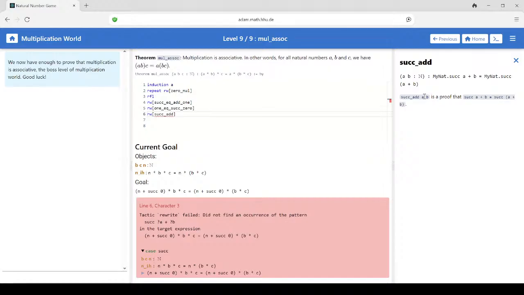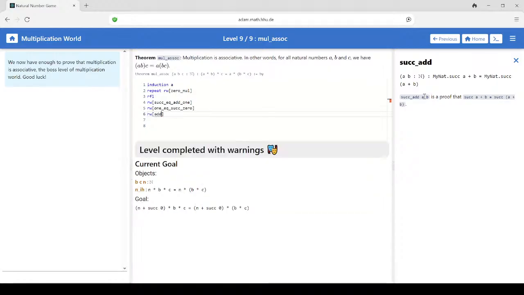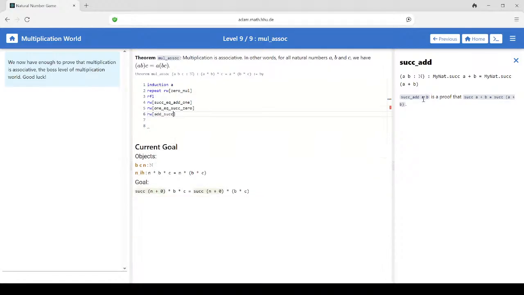Oh, the opposite one. Add successor. Wait, we might just be going in a circle. Because now if I get rid of the 0, we're back to successor n. We're exactly where we started.